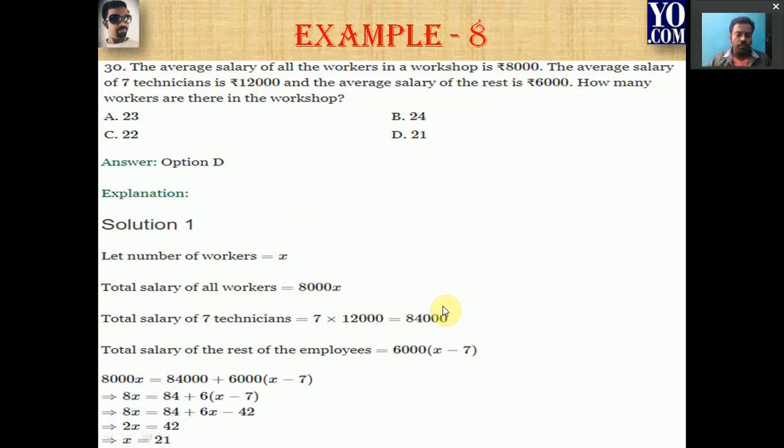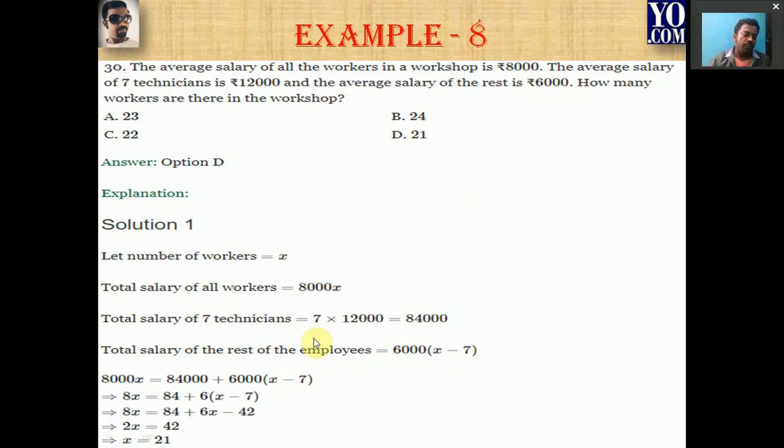The number of the rest of the workers is X minus 7, and their average salary is 6,000, so the total salary of the rest of the employees is 6,000 into X minus 7.